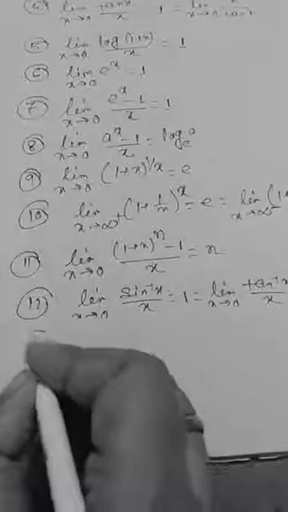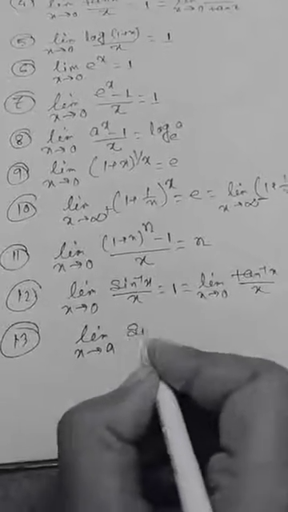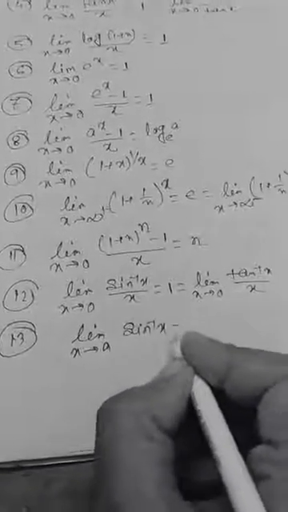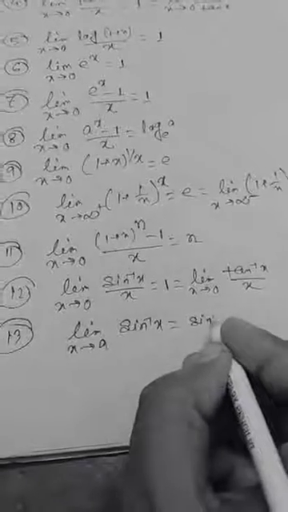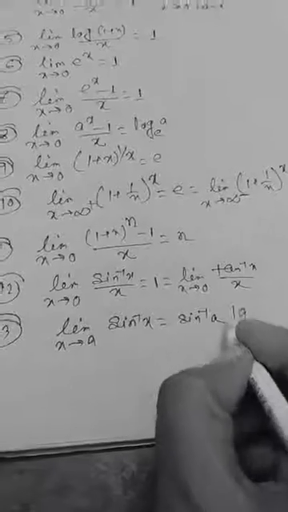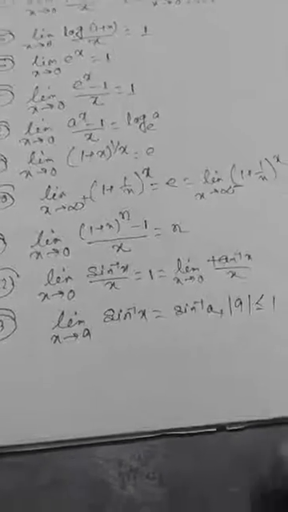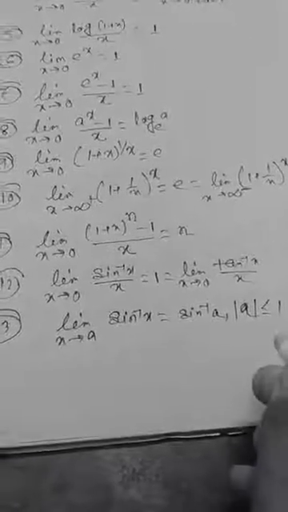Number 13, limit x tends to a, sine inverse x is equal to sine inverse a. Obviously mod a less than or equal to 1.